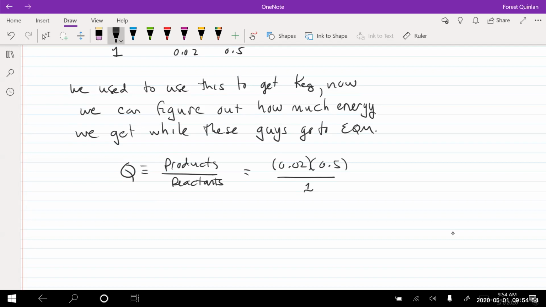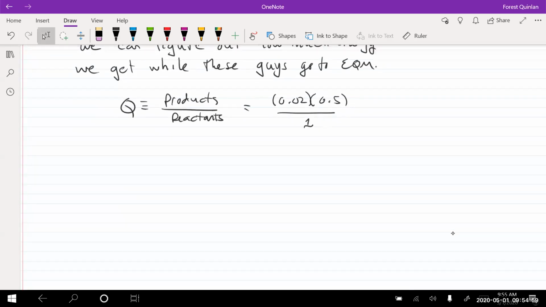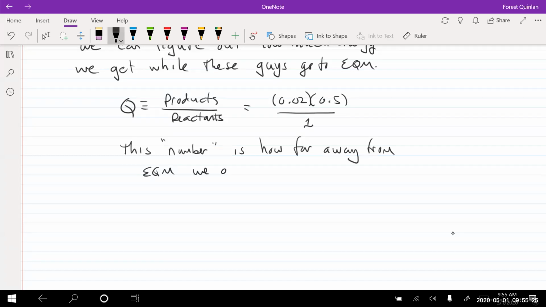This is where we're starting from, and we're going to go to equilibrium, where nothing is going to happen. So this number, as it were, is how far away from equilibrium we are.